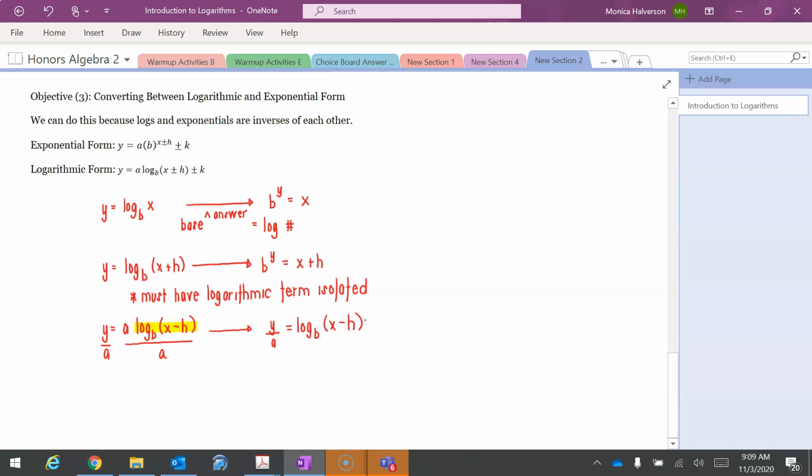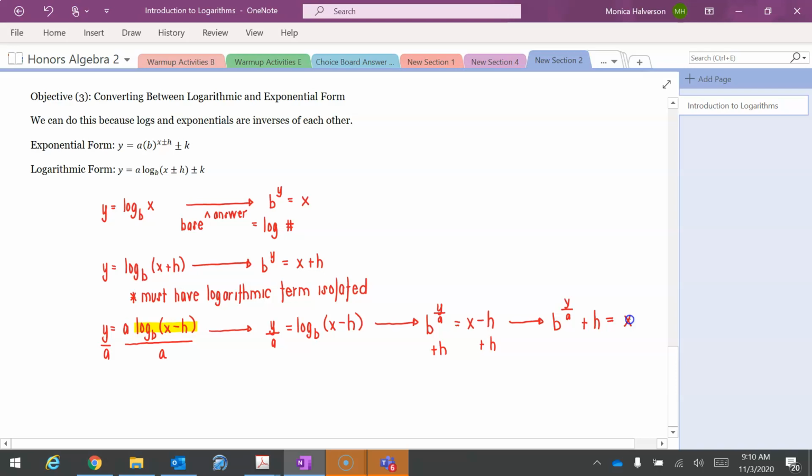And now that the logarithmic term is isolated, we can convert. The base raised to the answer equals the logarithmic number. And we can even go further and add h to both sides to isolate the x. So b raised to the y over a plus h equals x.